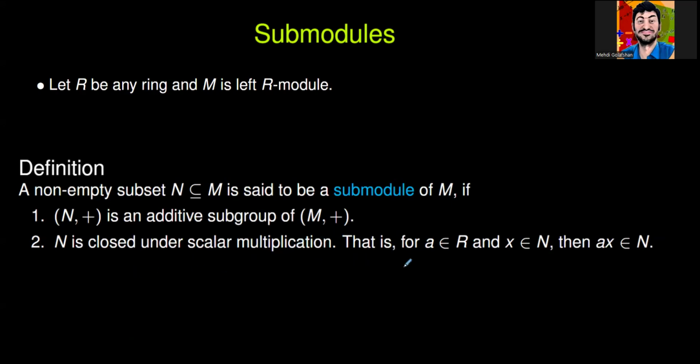It means for a belongs to R and x belongs to M, then ax belongs to N. You see that it's a left R module, so the multiplication is from the left hand side. So we have so many examples I will give to you.